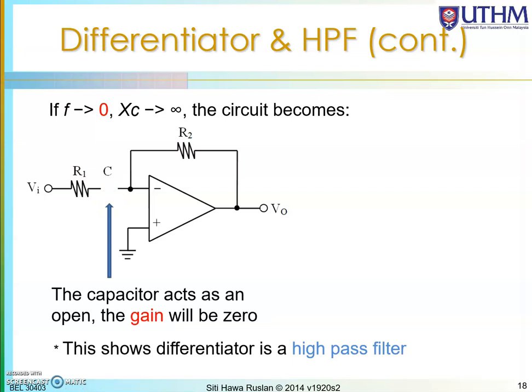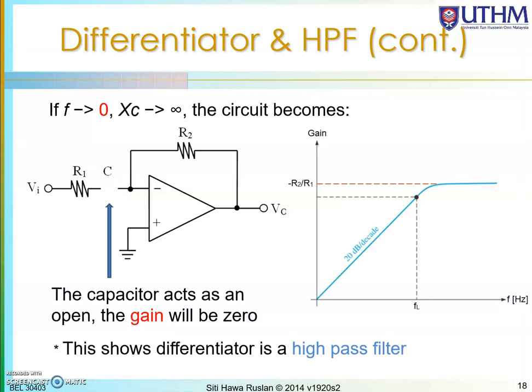Okay. So it is the characteristic of a high pass filter, because if you plot it, at 0, there is no gain, it is 0. But previously, at a very high frequency, you have a gain of minus R2 over R1. So in between, there is an increase, 20 dB per decade.